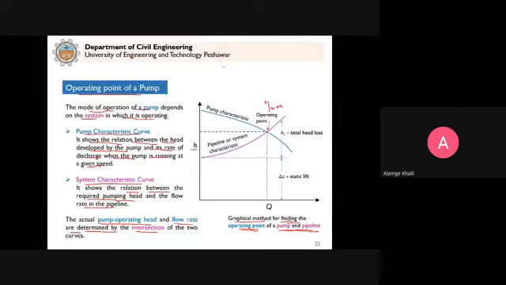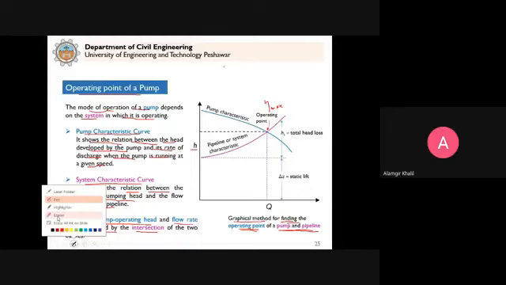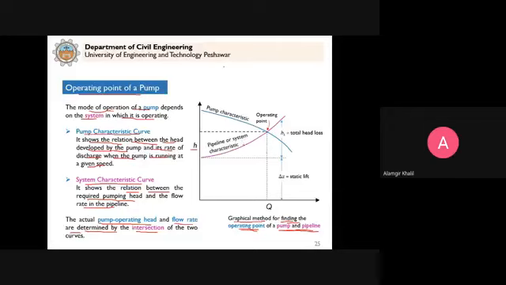Again, because we want the pump to operate at maximum efficiency. Clear?